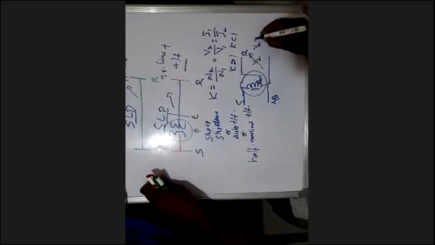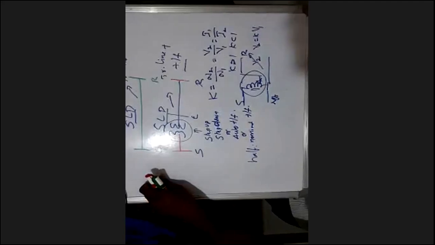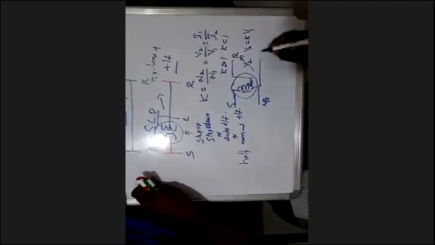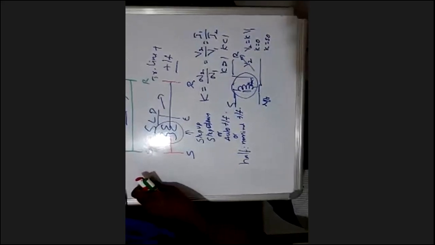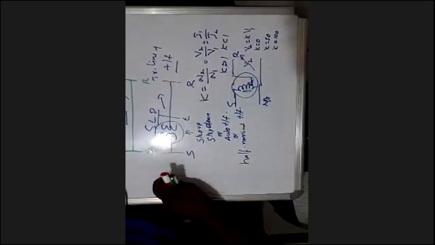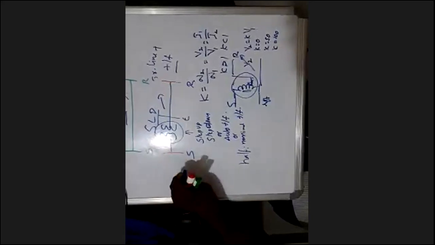That is, V2 equals K times V1. If K is 0, output voltage is 0. If K is 50%, output voltage will be 50%. If K is 100%, output voltage equals input voltage. Like that, the auto transformer principle can be used.